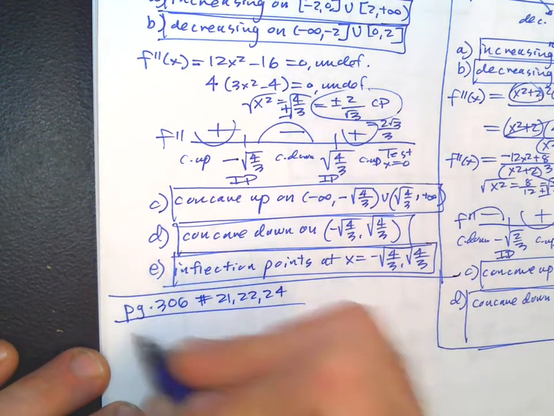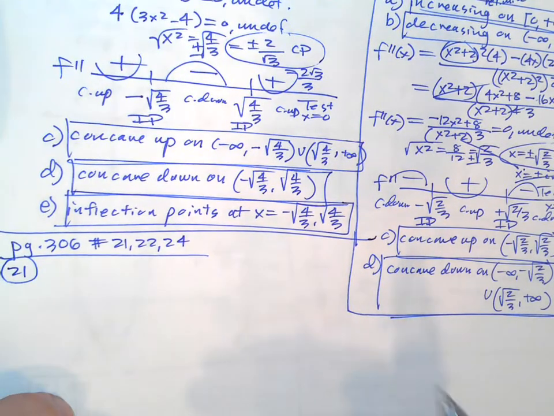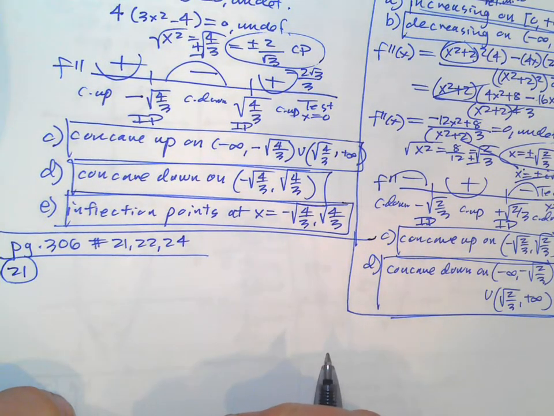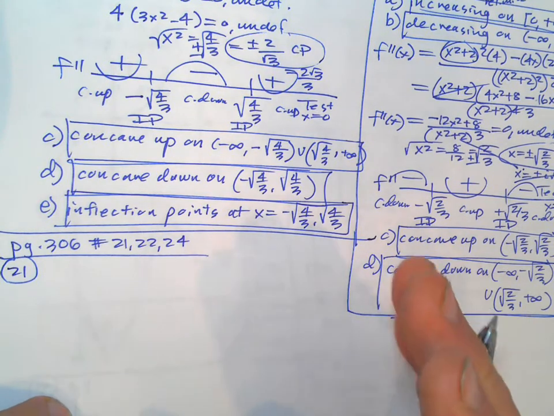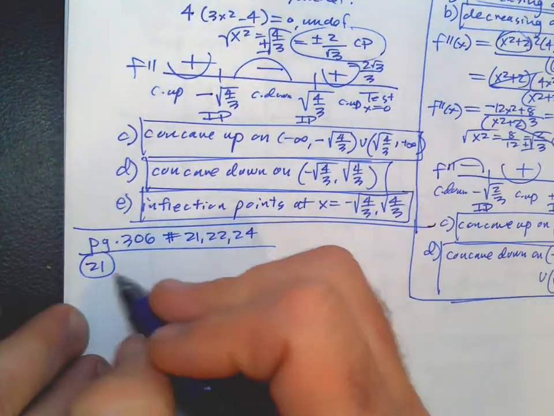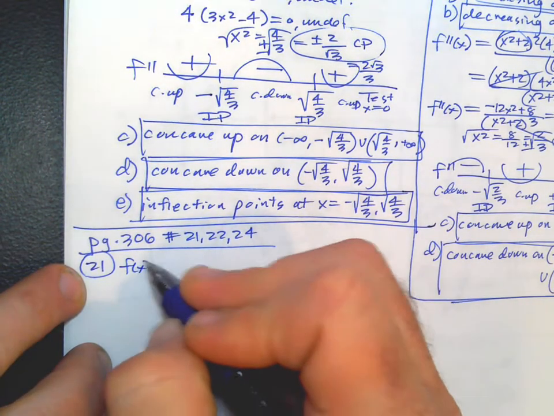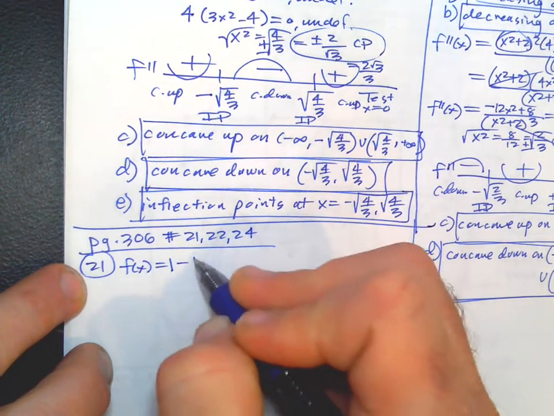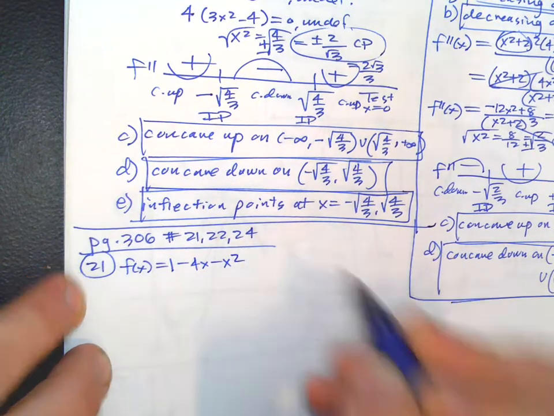So 21, what they say is find the relative extrema, that'd be relative maxes and mins using both the first and second derivative tests. So you don't need to worry about the second derivative test yet. But essentially, it's all the work we've been doing so far in this assignment on the last several problems.